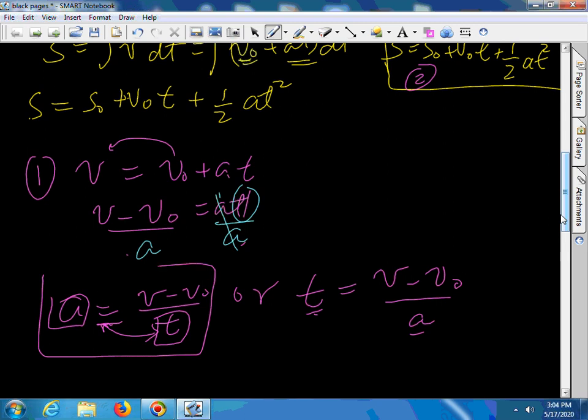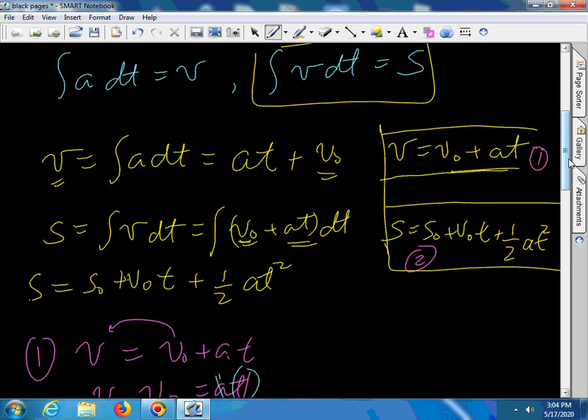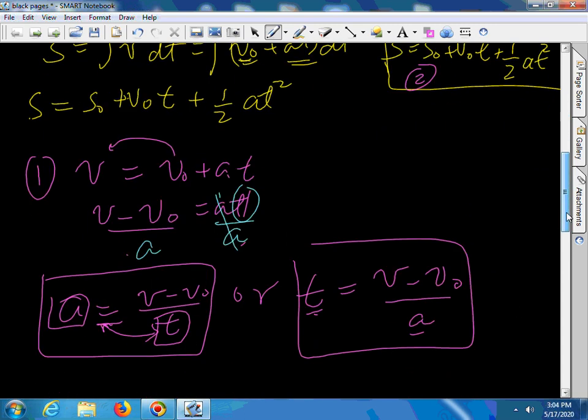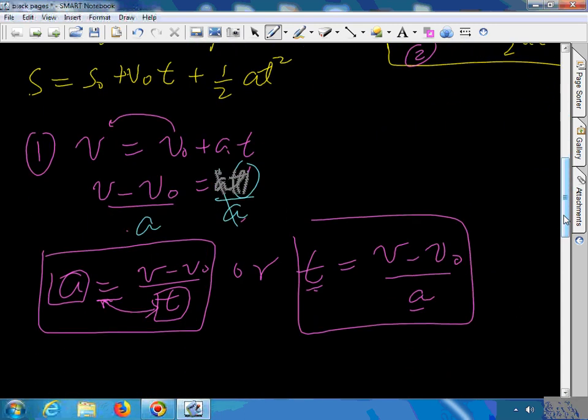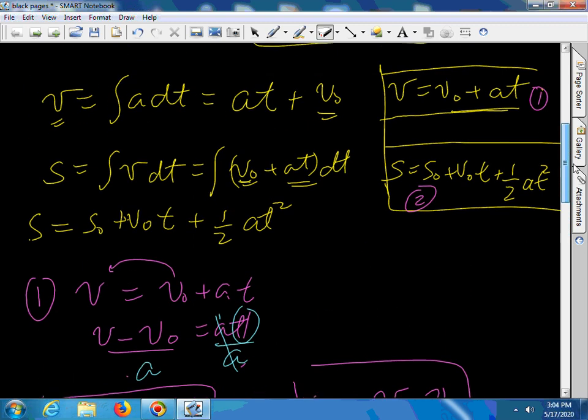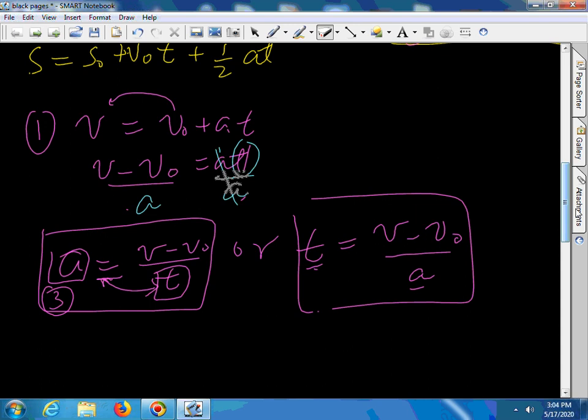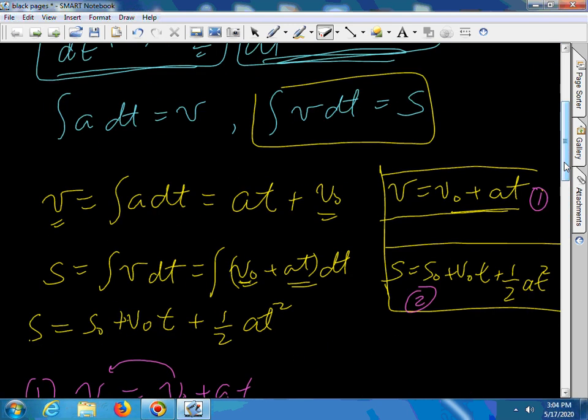So we have another formula. And there are ways to get other formulas from, say, 1, 2, and let's call this 3. I'm not going to call this 4 because it's exactly the same as 3. In fact, let's not even call that 3 because it's the same as our first equation.